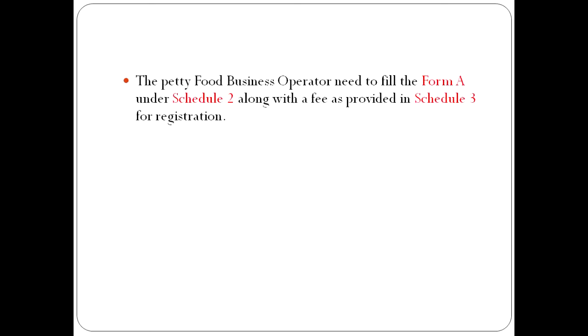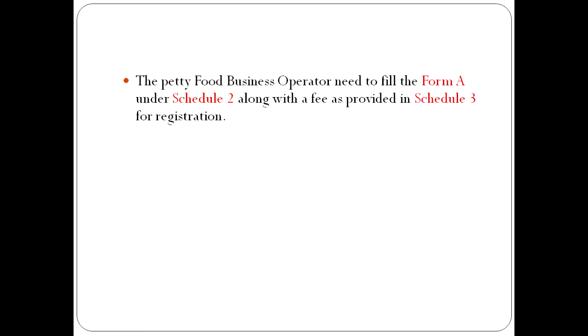Then next is the petty food business operator. He needs to fill the form A under schedule 2 along with the fee as provided in schedule 3 for registration. Here we need to look at what the petty food manufacturer should do in order to register himself with the FSSAI. Please remember the things I have marked in red, because they might come in MCQs.